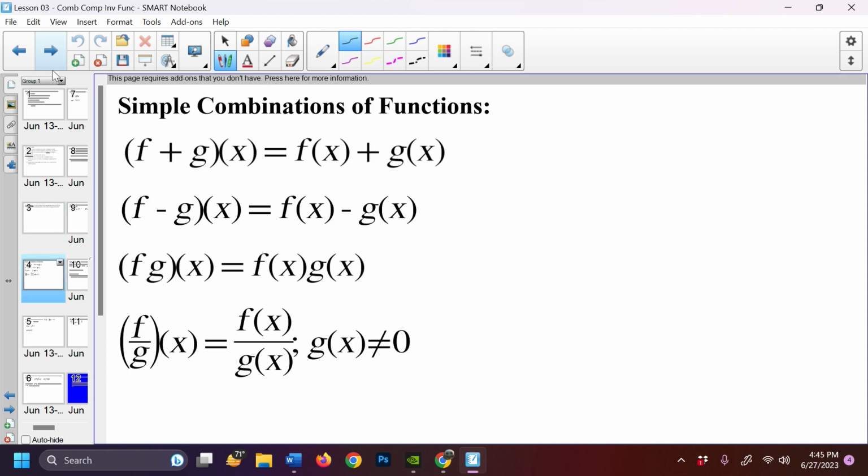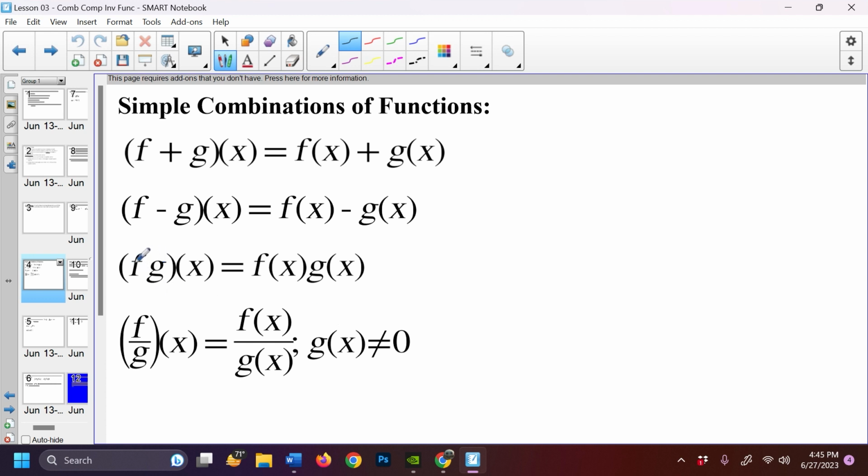Simple combinations of functions: if you have two functions, f and g, and you want to add them, you just add the two functions, and that will be basically combining like terms. If you are subtracting two functions, you must distribute the negative to the second function and then combine like terms.